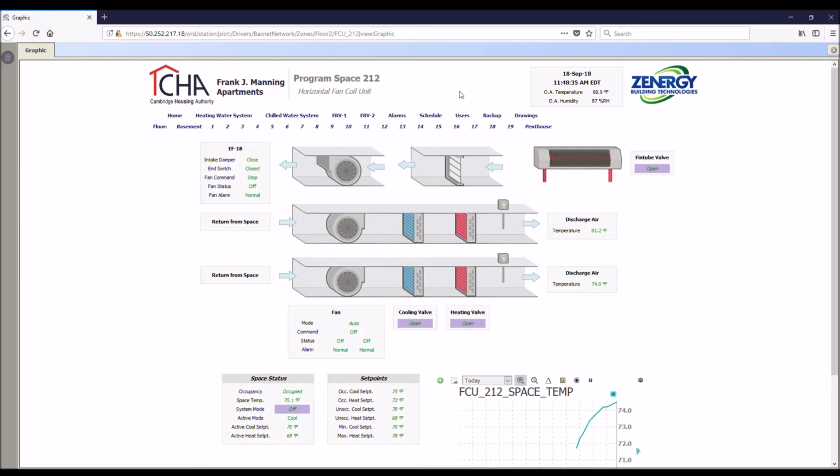Also with perimeter heat tied in. These two work together, so it's the same outputs, everything, so they both are heating or they're both cooling. The fin tube is tied in with the heating call, so if there is a heating call, that fin tube valve will open.